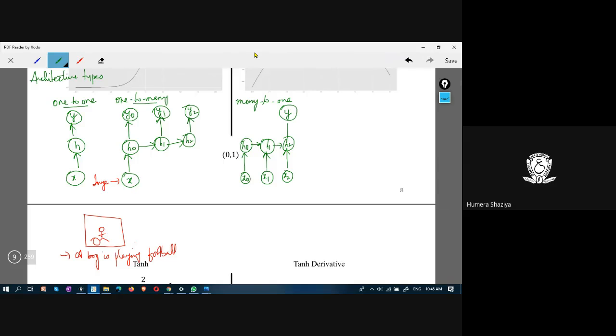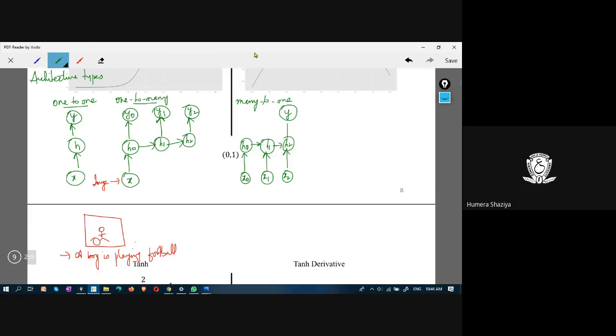And from h2, it has got the context. How does it get the context? It knows its previous value, which is h1. h1 knows its previous value, which is h0, and therefore h2 knows about h1 and h0. And if you have multiple hidden nodes, say 100 hidden nodes, you perform the similar thing. Each one is connected to the succeeding one.